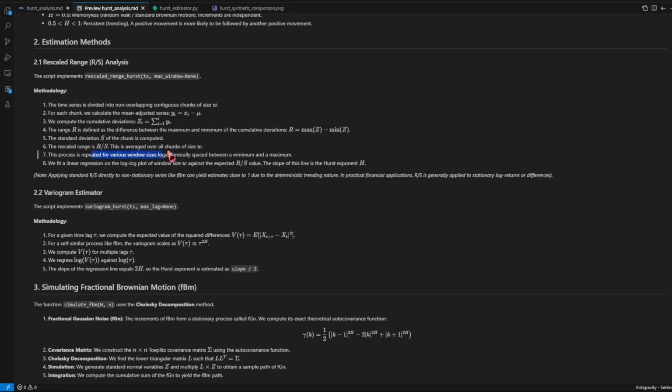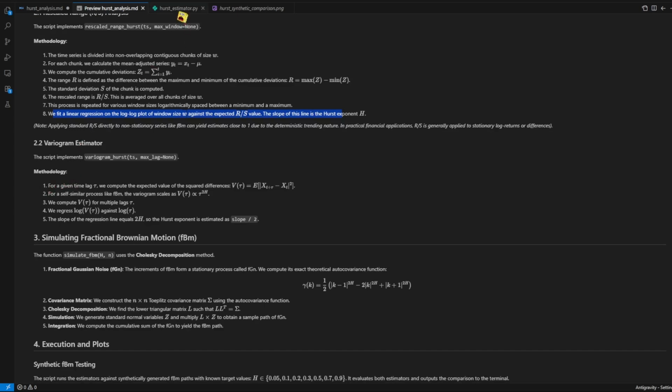This process is repeated for various window sizes logarithmically spaced between a minimum and a maximum. And finally, we fit a linear regression on the log-log plot of window size W against the expected RS value. The slope of this line is the Hurst exponent.